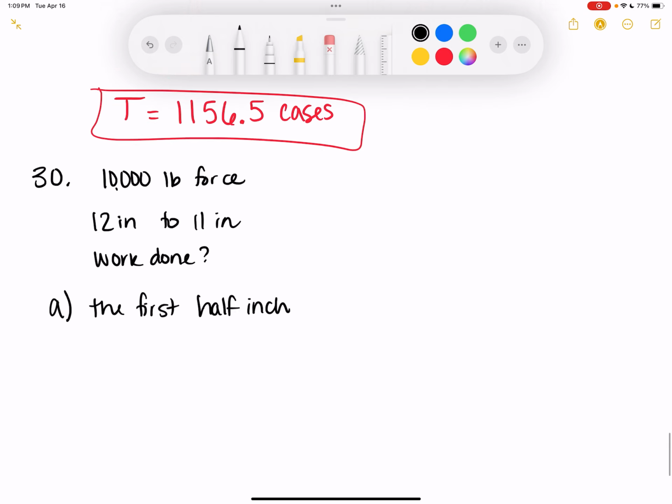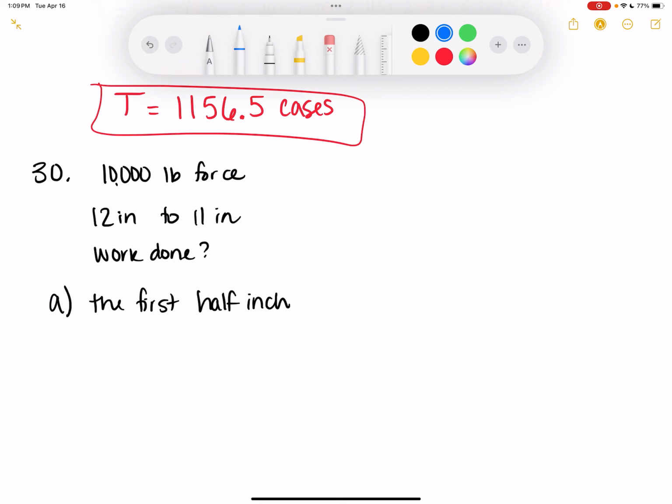So this tells me that the 10,000 pounds is K. I guess you end up finding that out. I don't know if you technically knew that yet, but oops. Because F equals KX, the force is 10,000, which is equal to K times the distance compressed, which is 1.